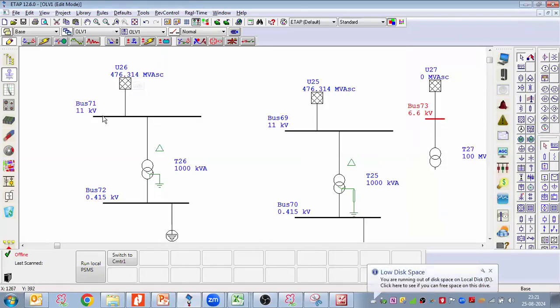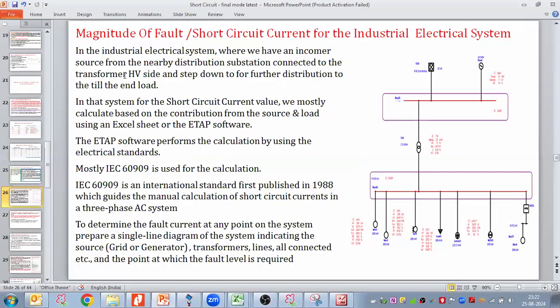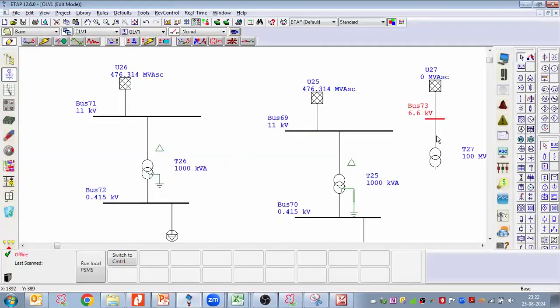First take the grid, terminate on the bus, then take the bus and connect to the transformer, or you can go like this as well, to the transformer HV side, and this transformer steps down for the further distribution till the end load. So in that kind of electrical system, for the short circuit current value, we mostly calculate based on the contribution from the source. What is the source contributing?